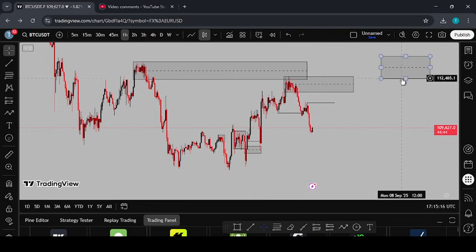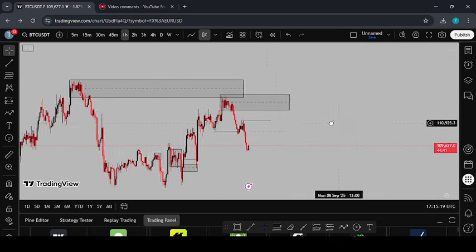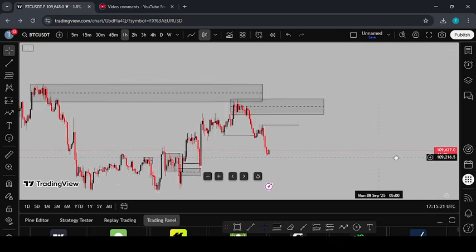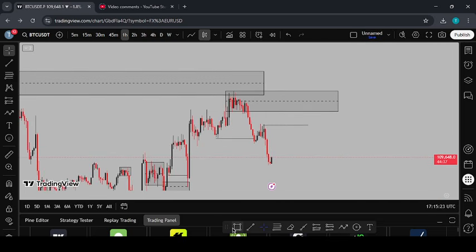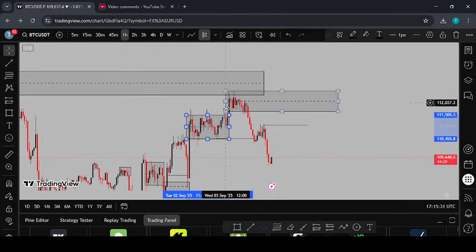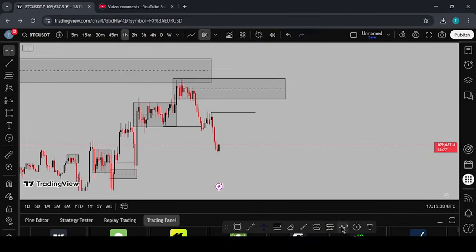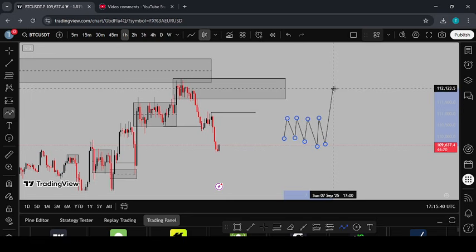Using the AMD, accumulation manipulation distribution strategy, confirms that when we now look at this move as accumulation, and this pull out from this range as manipulation, right? So it's just basic, something like this: accumulation, a pull out of the range manipulates.